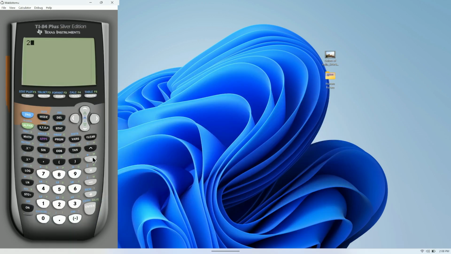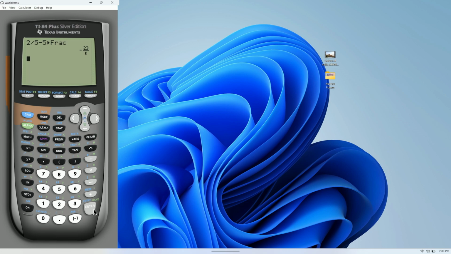So 2 over 5 minus 5. Now, before I hit enter, I'm going to come over to here and hit math, which is the third row, first column. And I'm going to tell the calculator, option number 1, put the answer as a fraction. So when I hit enter again, I get negative 23 over 5.